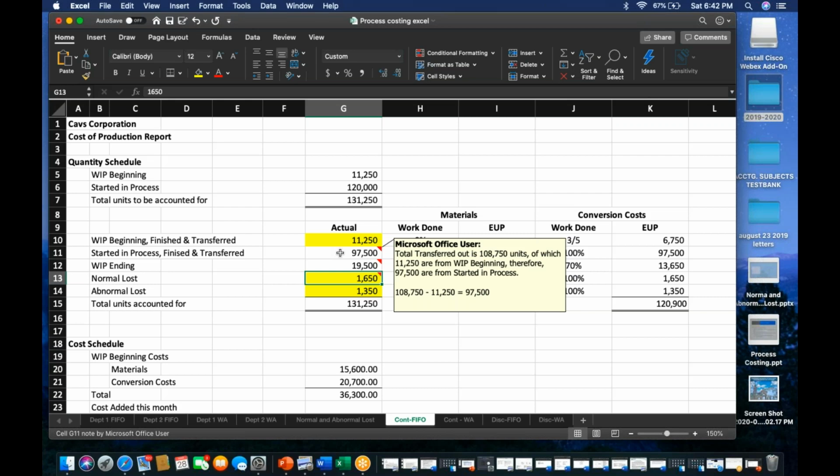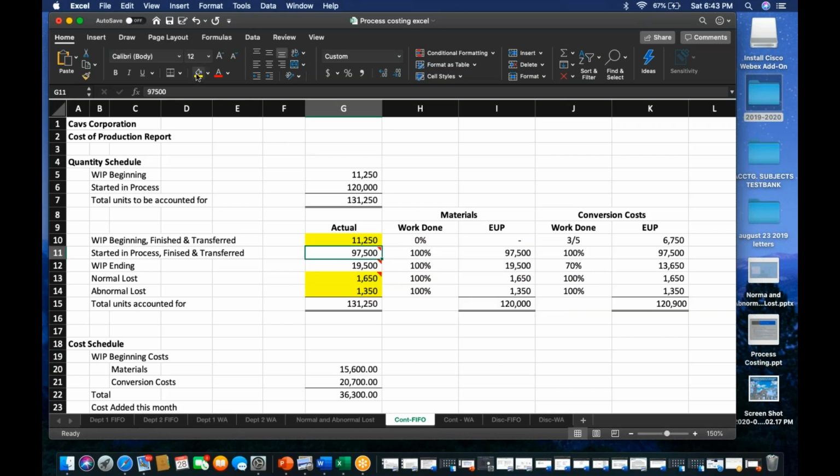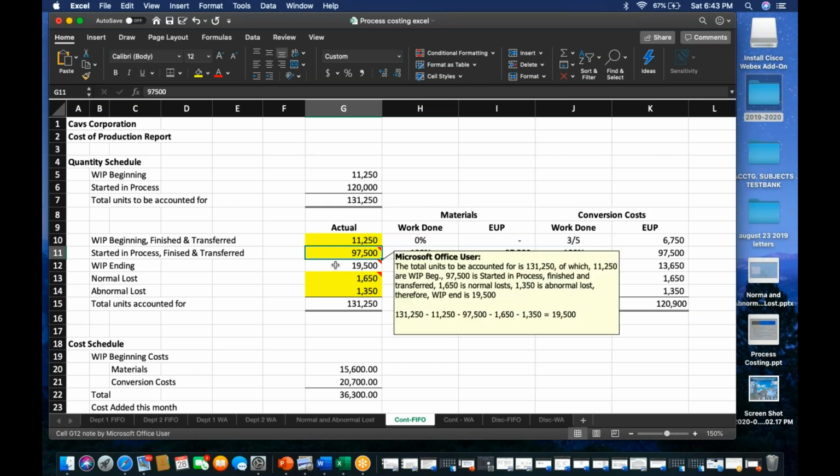Therefore, 97,500 yung started in process, finished, and transferred out. So ang kulang mo na lang is yung work in process end. Hindi siya given.